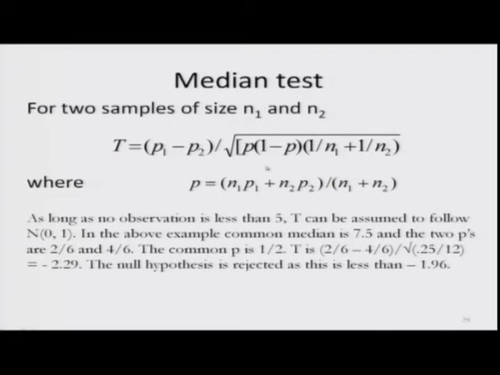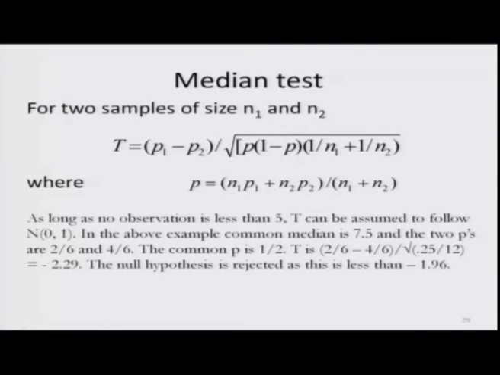And those who are familiar with the standard error of difference of proportion can see that this denominator is nothing but the standard error of proportion if the estimate of proportion in the population is P. So, P1 minus P2 divided by the standard error of P from two samples with sizes N1 and N2. In one group it will be P into 1 minus P divided by N1, in the other group P into 1 minus P divided by N2. So the standard error of P1 minus P2 will be this.